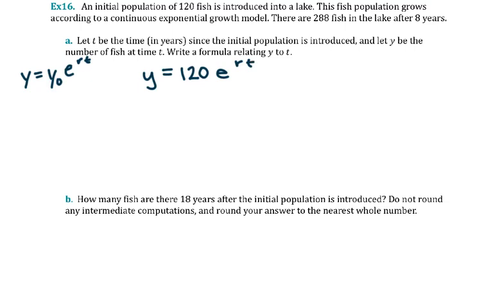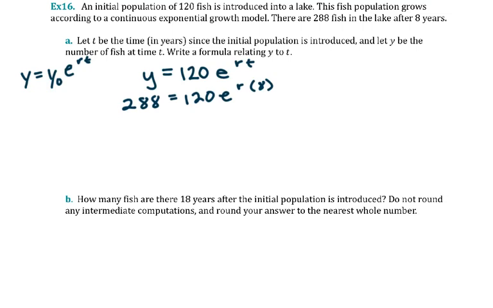So 120 is my initial population. My end population is 288, and that occurs after 8 years, so I'll plug in 8 for t. Again, we're solving this equation for a variable which is in the exponent. So we're going to divide, natural log, and then divide again.